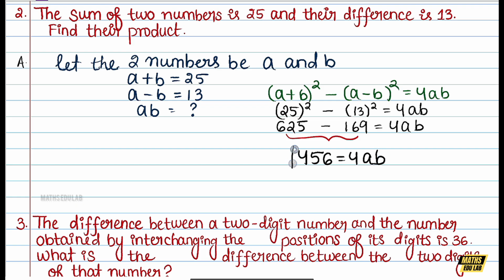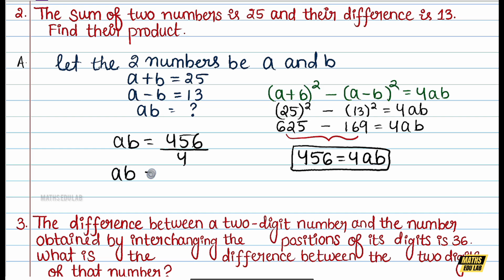Now using this we can find the value of ab. ab equals 456 upon 4. That means the value of ab will be 114. Okay, so we got the value of ab, that means the product value for the given question.